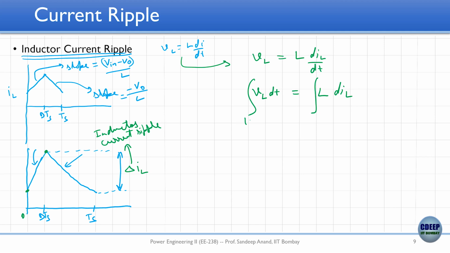So, I would take time going from 0 to dTs, where the inductor current is starting from IL min and going to IL max. Is that okay? The limits, I am not integrating now from 0 to Ts. If I integrate over 0 to Ts, I will get back the same volt second balance of the average condition. Now, I am more interested in the ripple.